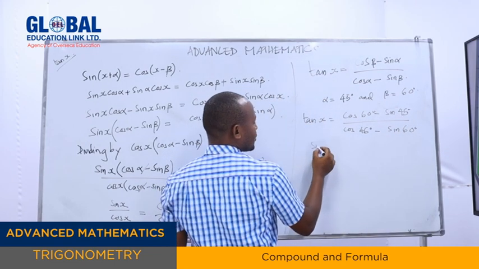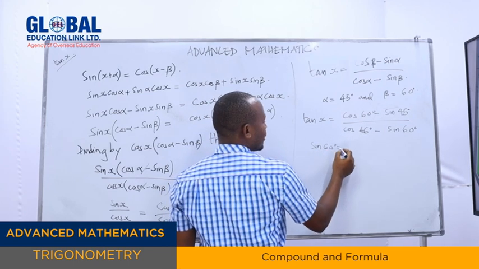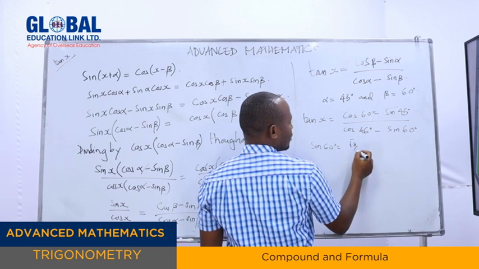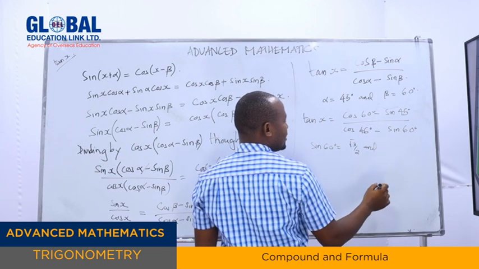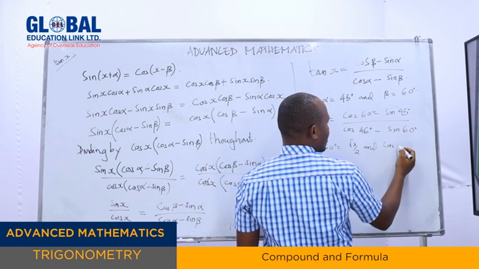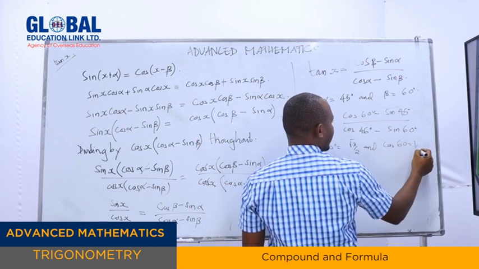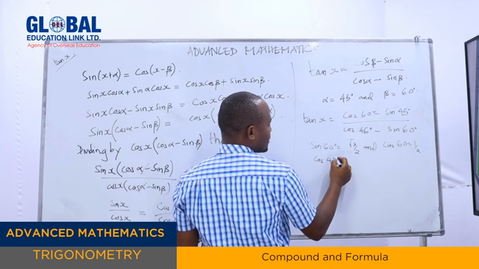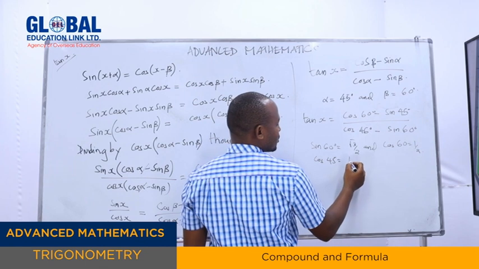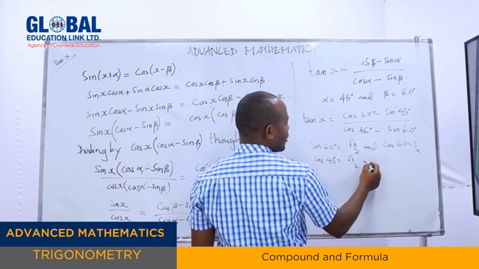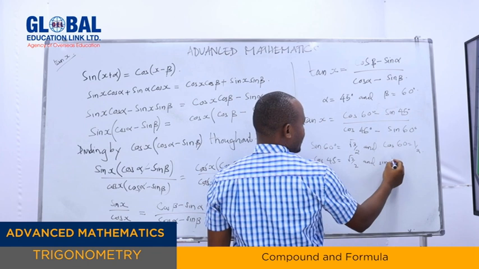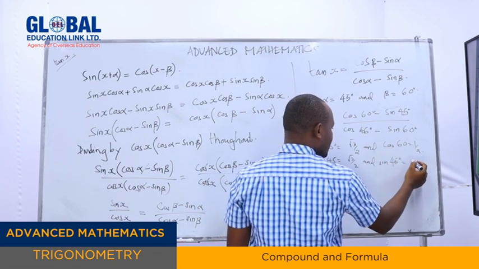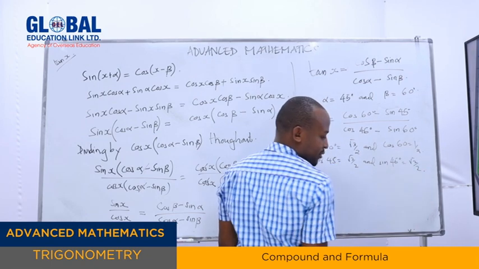And we know that sine 60 equals root 3 over 2, cos 60 equals a half, cos 45 equals root 2 over 2, and also sine 45, from special angles, is root 2 over 2.